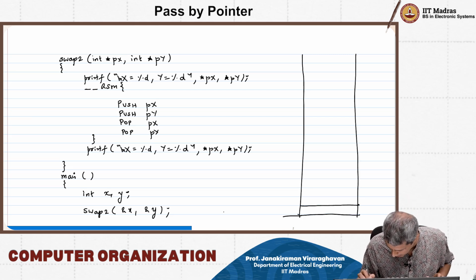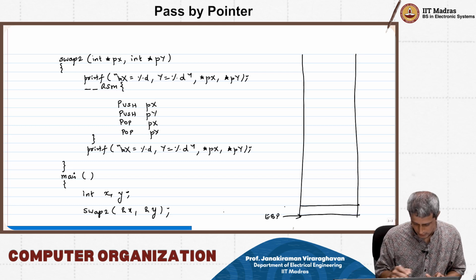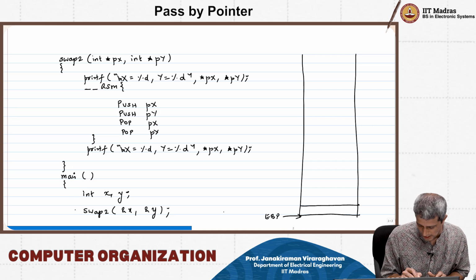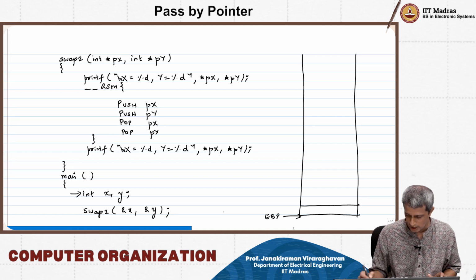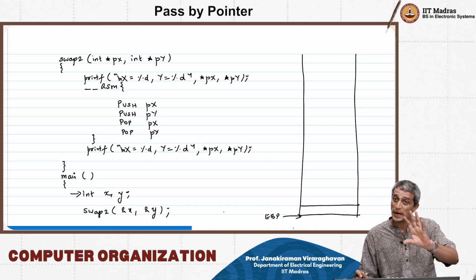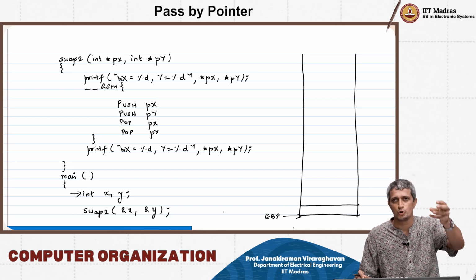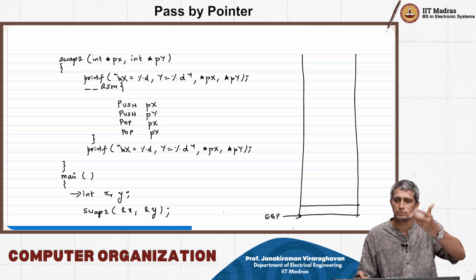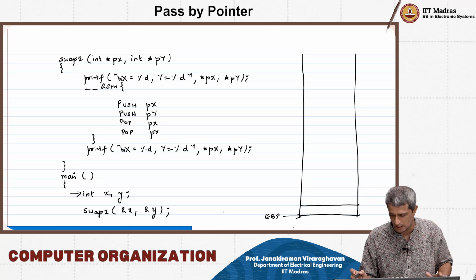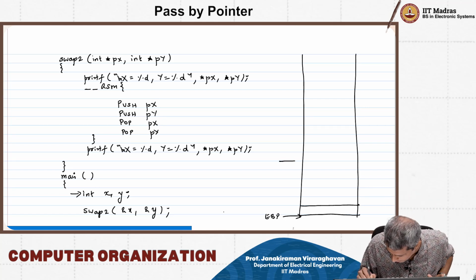Okay, my EBP is pointing somewhere here. So when I enter this point, main has run its prologue: push EBP, move EBP comma ESP, then subtract ESP comma, all that it has done, right, and then ESP is sitting somewhere here.